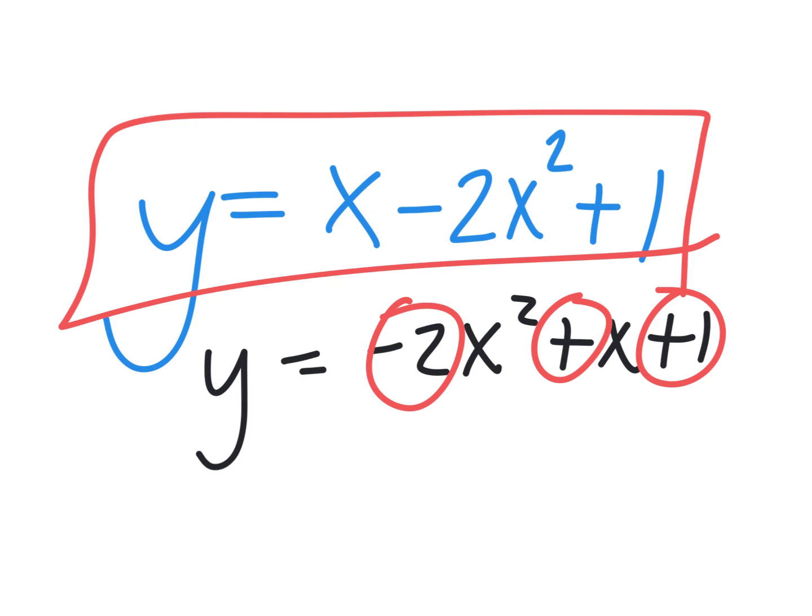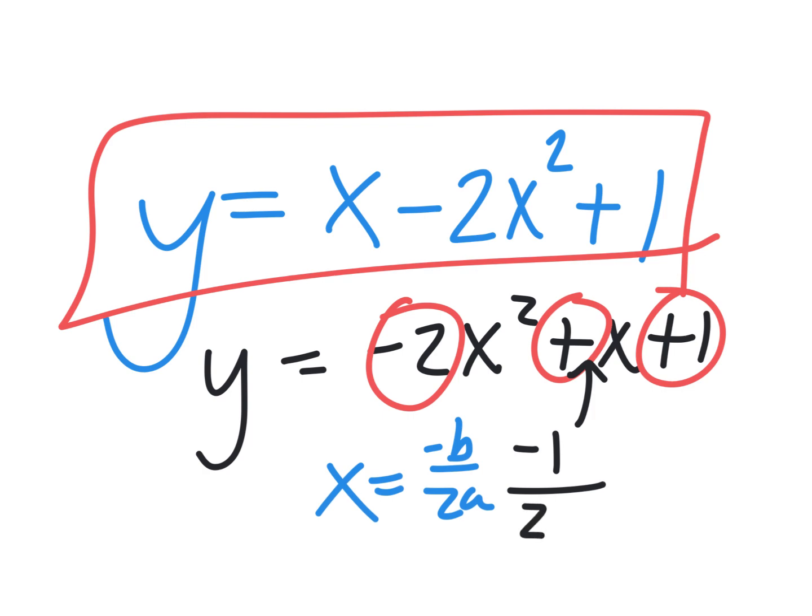And then if you wanted the vertex or the axis of symmetry, you'd start either way with x equals negative b over 2a. And here it would be negative, that's a 1, over 2 times negative 2. So there's 2 negatives, so those cancel. So then this would be 1/4.